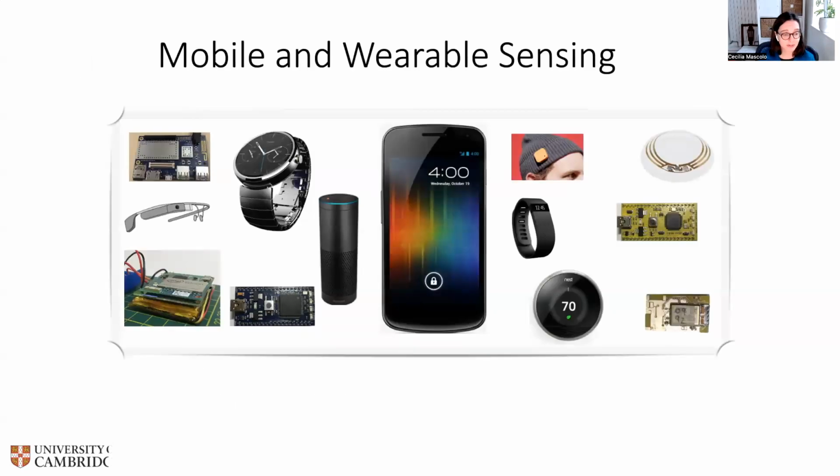Devices, well, this is even already, every time I pick one of these pictures, one minute later, I find that it's an old picture already. And so this is an example of devices that exist already in our homes, that have sensors to sense our behavior. Some are examples of devices we carry, and some are examples of devices that are around us.